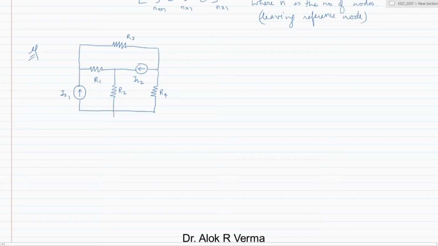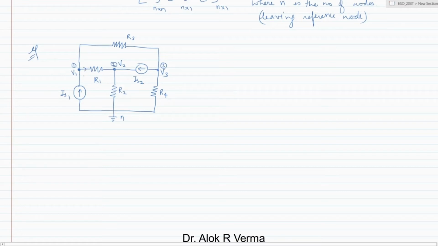So we can assume that this is a reference node, and then we have one node here, one node here, and one node this one. So we can just mark them. Node 1, voltage is V1, node 2, voltage is V2, node 3, voltage is V3. Fine. Just encircle that so that we do not get confused. So these are the three nodes which are identified in the circuit. So the current which is coming to this branch is known.